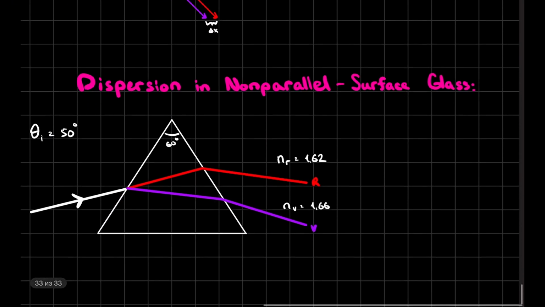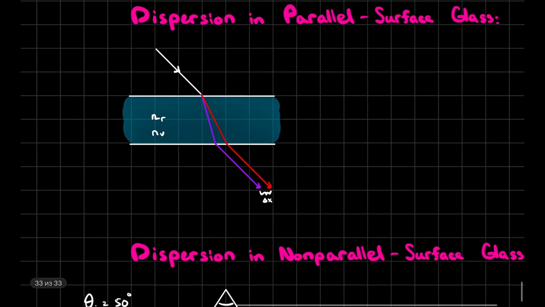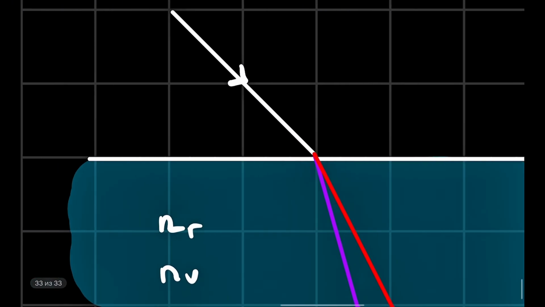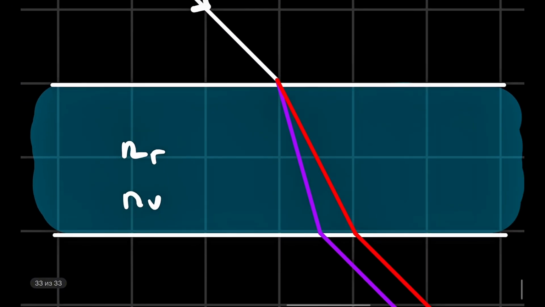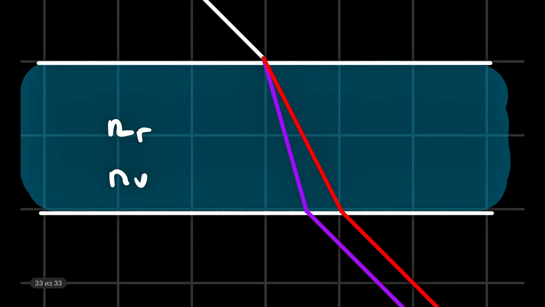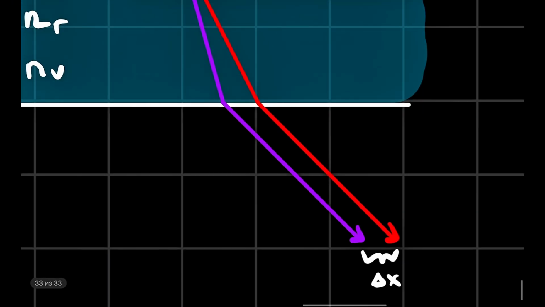We will see that they experience dispersion in different ways in the first situation and the second situation. That's why let's try to calculate it in the form of a formula. So we have some white beam of light, a ray of light, going into the glass, and then it would definitely experience dispersion, and those two colors would come out at the same angle, which means those two would be parallel to each other.